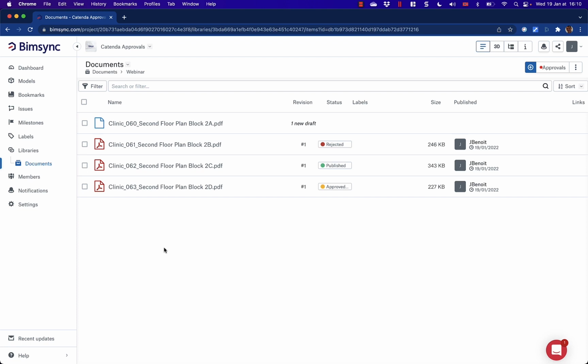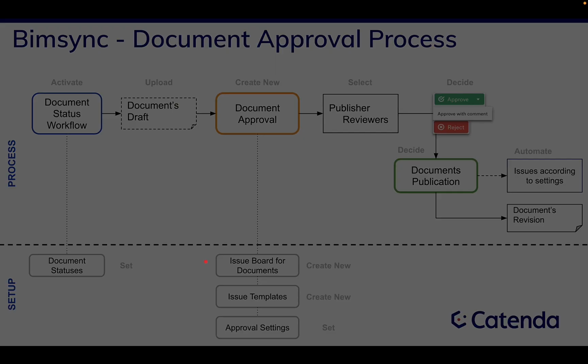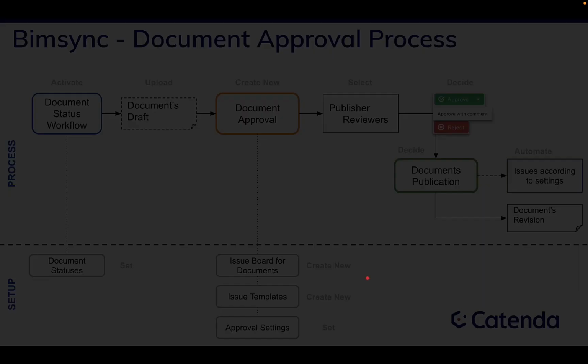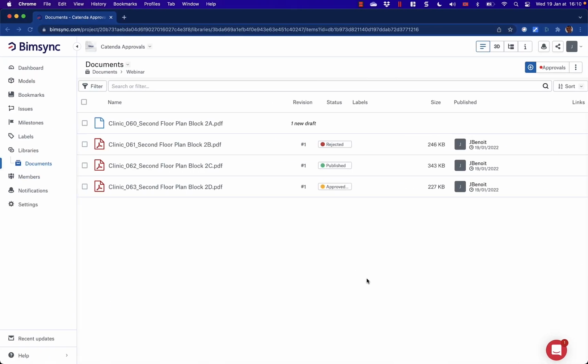Which means if you want to filter out people that shouldn't see drafts at all, because they only need to deal with approved documentation, you can set the rights on their team or on them as individuals so that they have only read access to this folder and they will not see that there's a draft in here. That's the way to ensure that we provide the correct approved documentation to project participants. That's why we have this introduction of statuses.